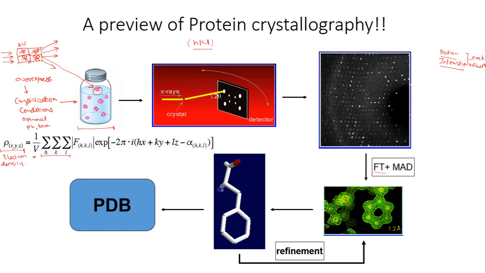Since there are multiple protein molecules in your crystal, you need to normalize all the electron densities, and you do the normalization across the triple index values of H, K and L. From the positions and intensities of spots that we know, we usually end up calculating the structure factor, called F of HKL.